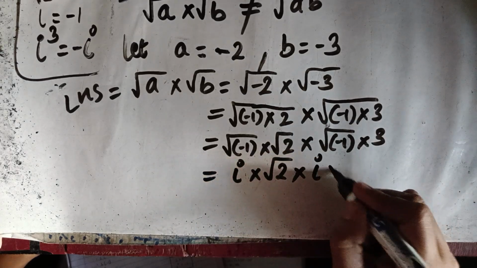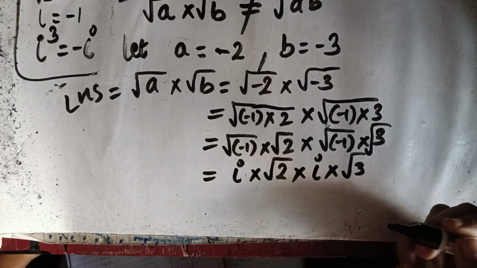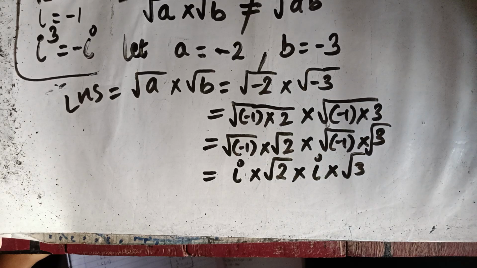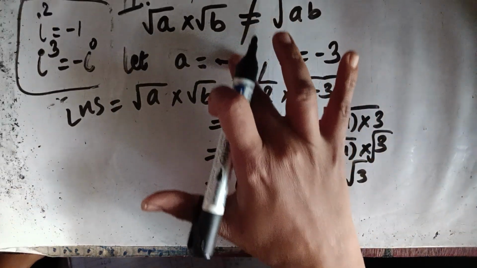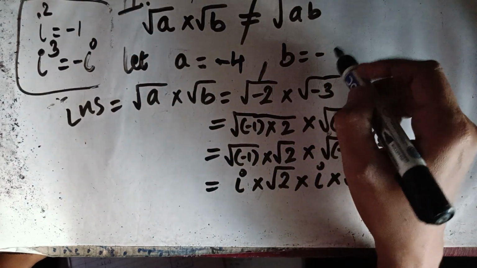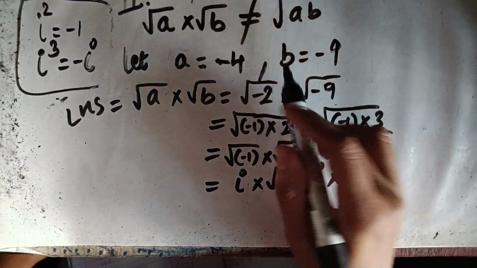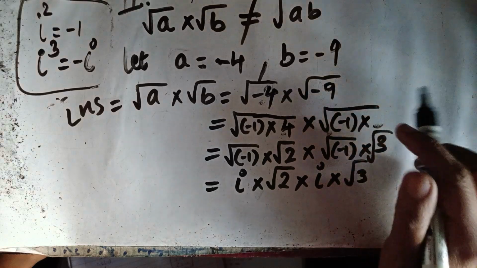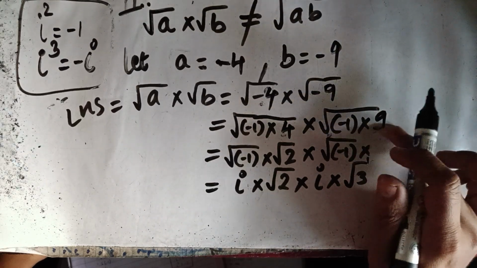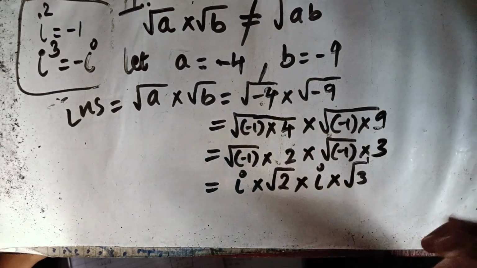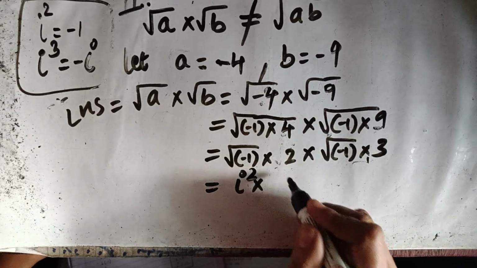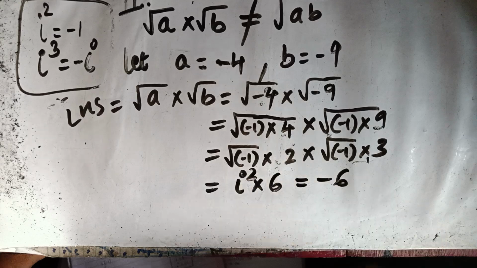And this is also i. We have to take the numbers which have a root. Say I'll take this as 4 and this as 9. So this we can write as 2 and 3. So i square into 6. So this is minus 6.